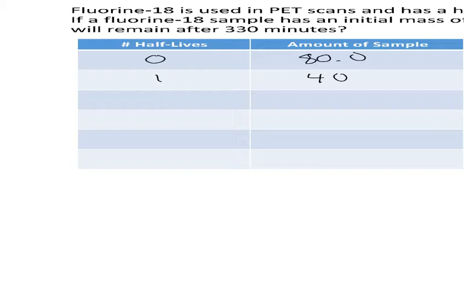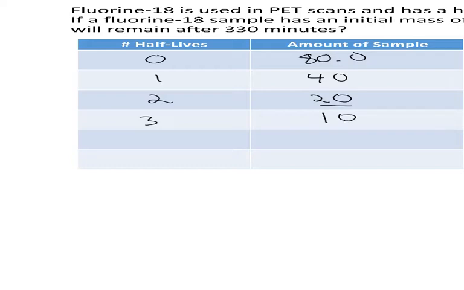After 2 half-lives, I'm going to have half of this, so I'll be down to 20. Because in this case the half-life is 110 minutes, every time I go to another row, I'll go up another 110 minutes. So now I'm up to 220. And then after 3 half-lives, I'll take half of 20, so I'm down to 10. I go up another 110 minutes, so I have 330.